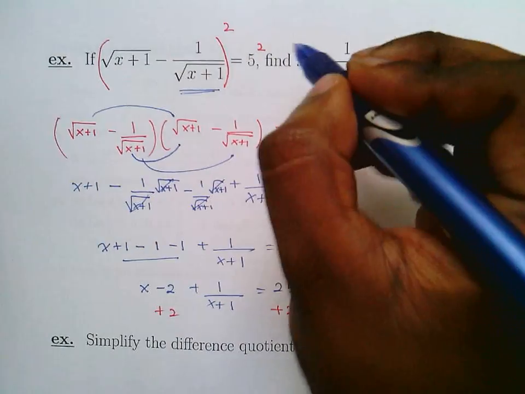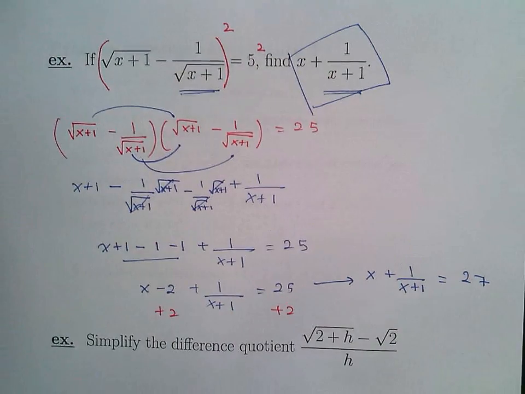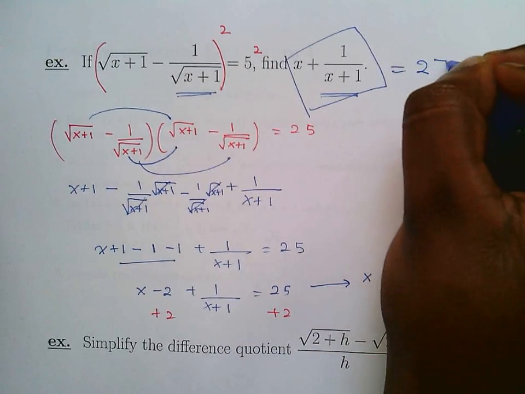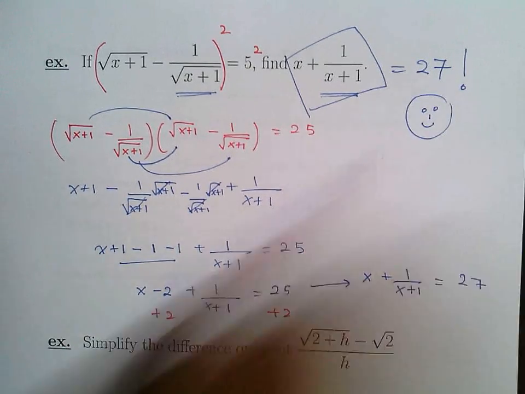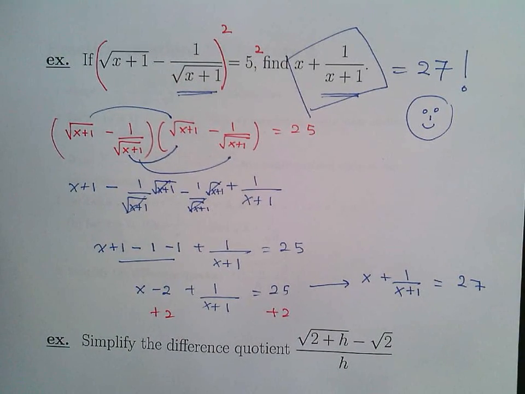And that, my friends, is exactly what we looked for. Now you will see one of the homework problems that looks exactly like this. So that's the reason behind including this question.